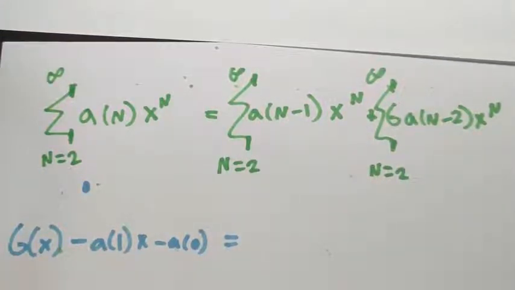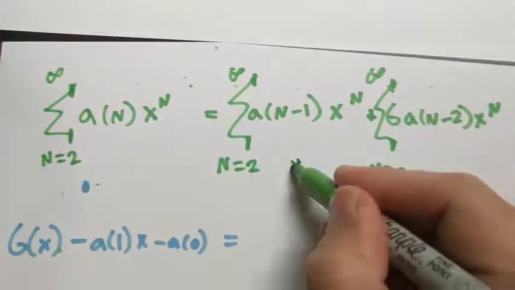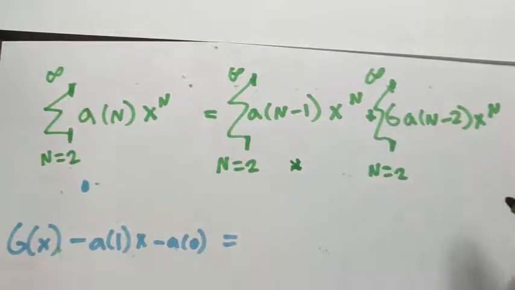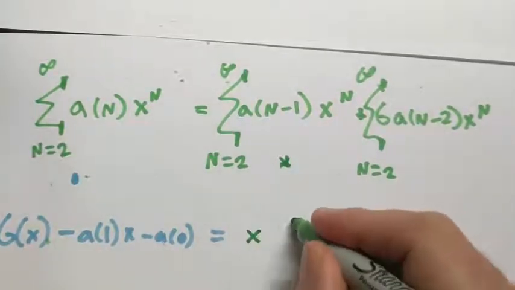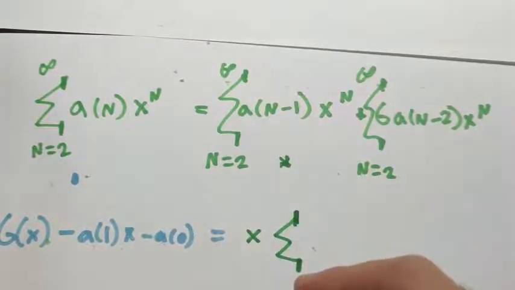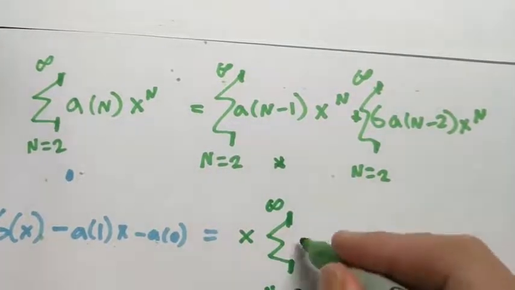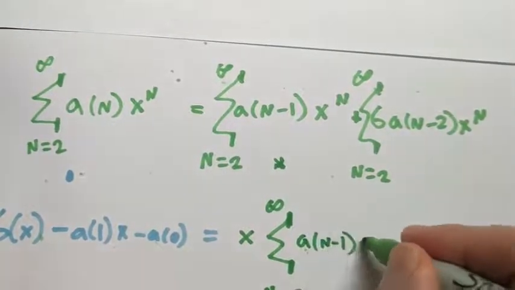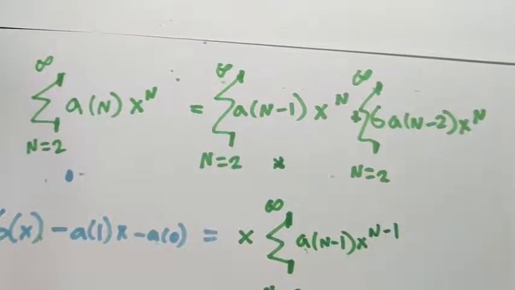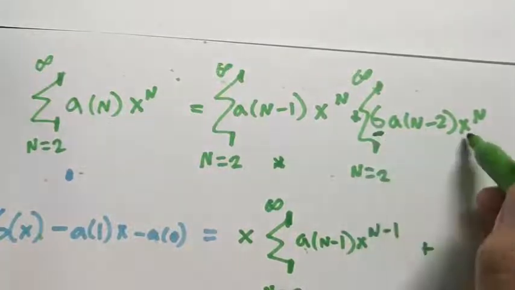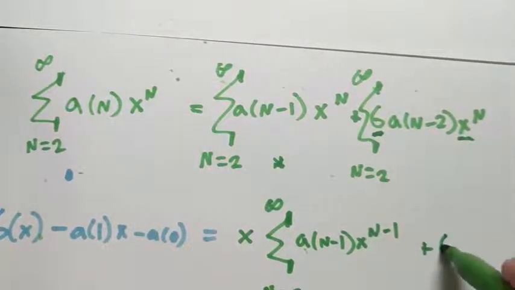On the next expression right here, I can factor out an x because I know that n is at least 2, so I know there's an x in all of these. This is x times the sum from n equals 2 to infinity of a n minus 1 x to the n minus 1. And then on the next term there's a 6 and there's an x in common to all of these.